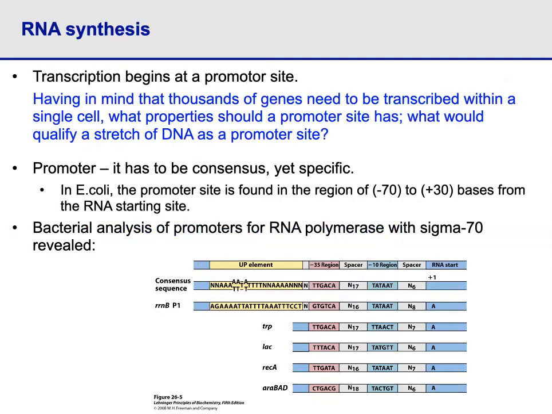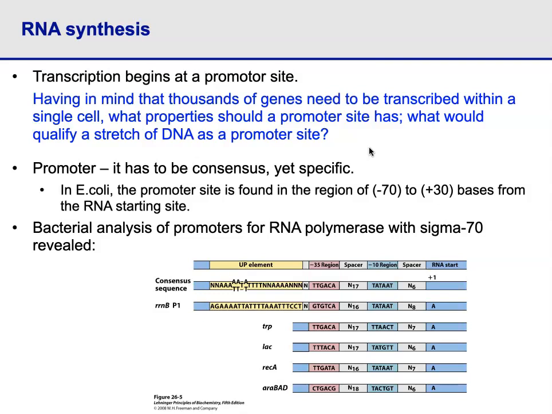Now, transcription begins, like I said, at a promoter site. So having in mind that thousands of genes need to be transcribed within a single cell, what properties should a promoter site have? What would qualify a stretch of DNA as a promoter site? I mean, can you imagine? You will use pretty much the same machinery to express thousands of genes.